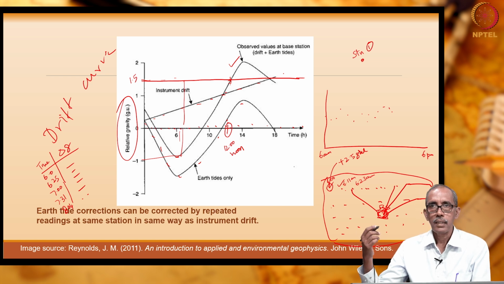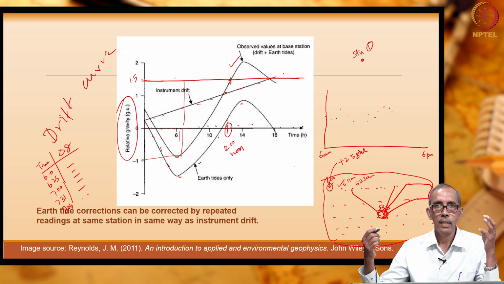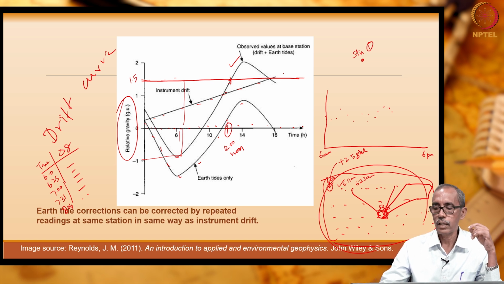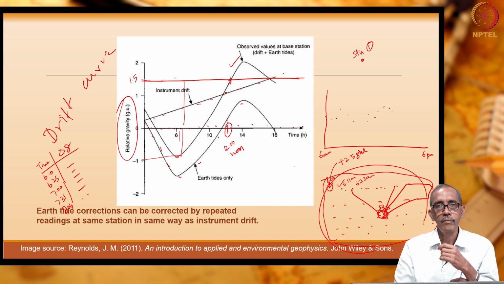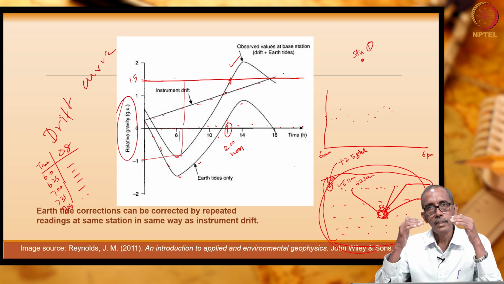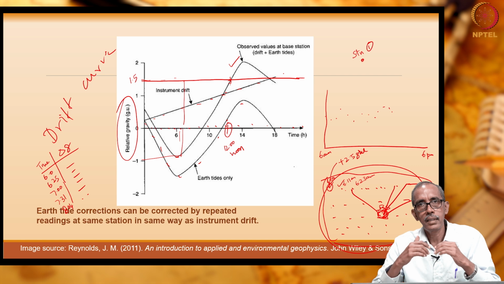So, what are all the corrections we have done now? First is latitude. What have we done? Though the stations are located at different latitudes, after carrying out latitude correction, we have corrected as if they are all at the same latitude, isn't it?